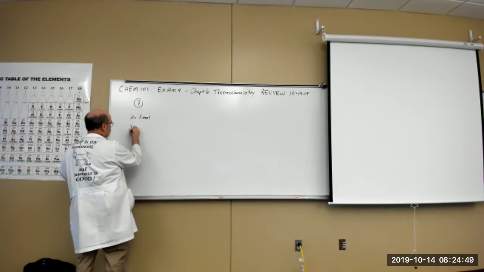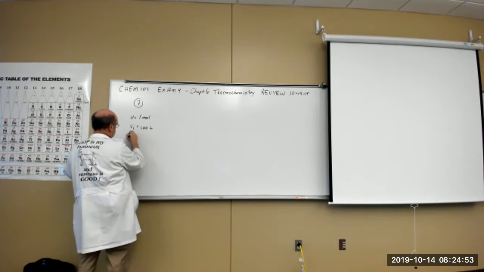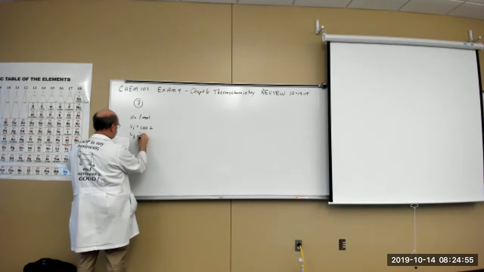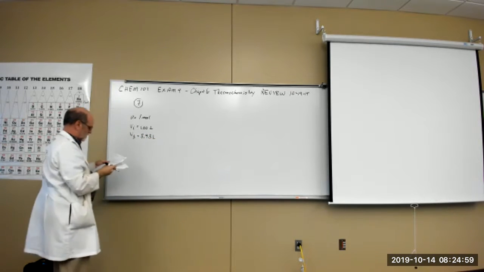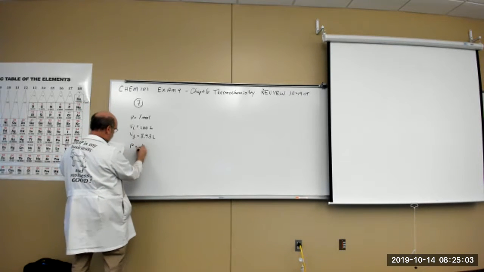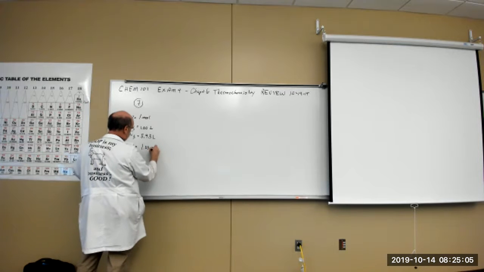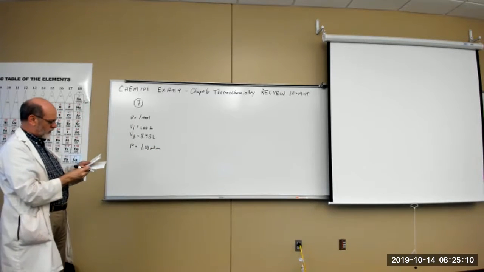So initial volume is 1 liter. Final volume is 8.93 liters. Pressure is constant at 1 atmosphere. How much work is performed on the surroundings?